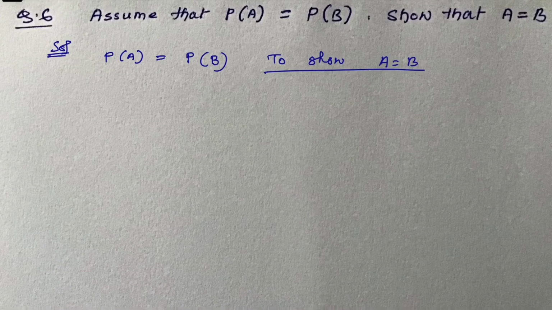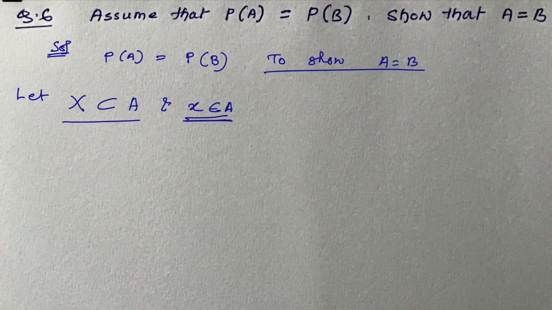Here you see, first let us consider capital X is a subset of A. Okay, capital X is a subset of A, and also let us consider small x belongs to A. Now you see, if small x belongs to A and capital X is a subset of A, then we can say that small x also belongs to capital X.